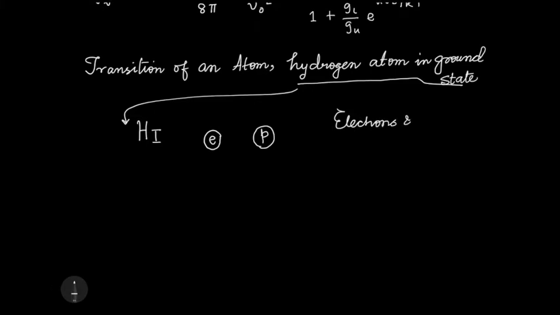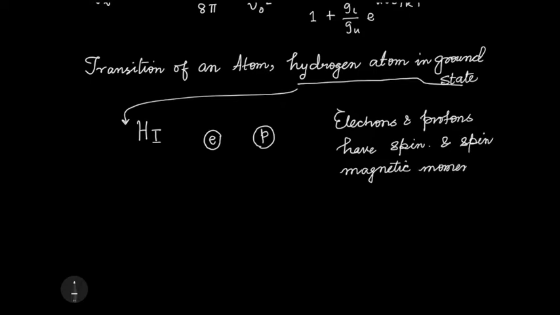Now, both of these electrons and protons, they have spin. They're spin half objects, right? Electrons and protons have spin, and magnetic moment corresponds to that.